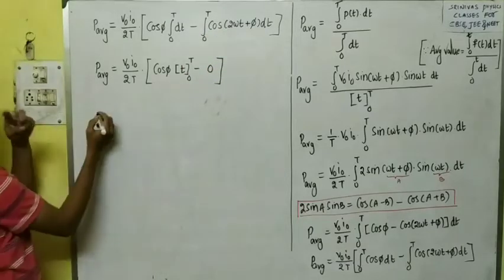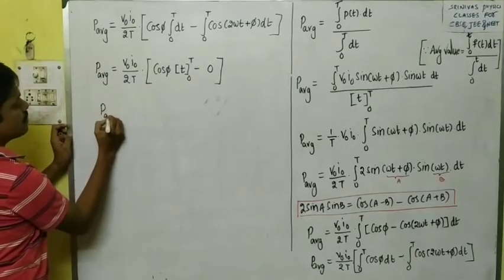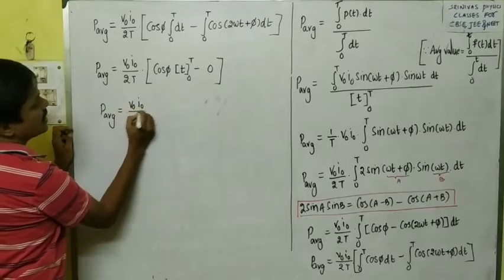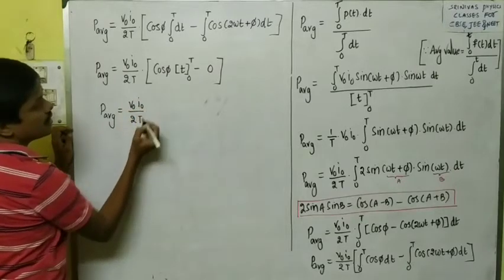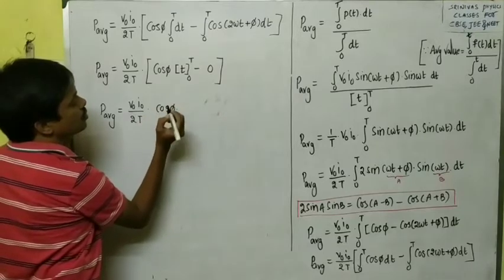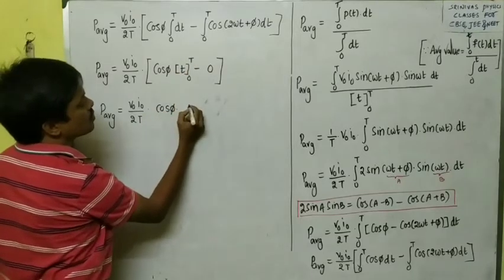Then finally, the average power in the LCR circuit we will get is V naught I naught by 2T into cos phi into the limits we have to substitute.